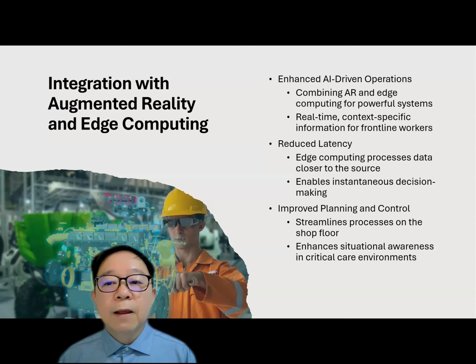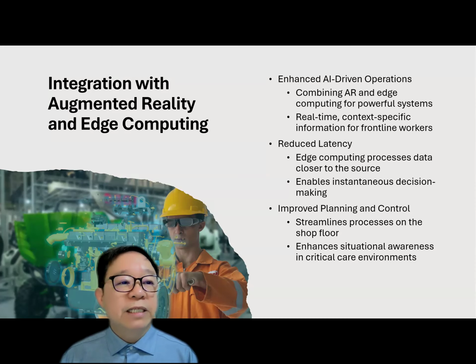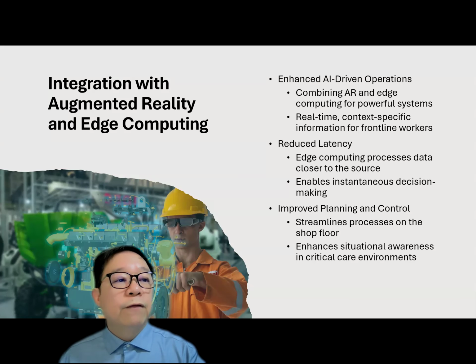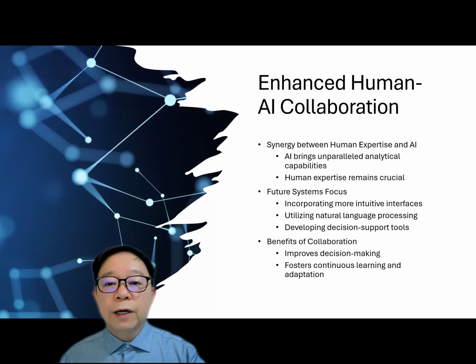Augmented reality. And also advanced computing, or the coming quantum computing, right? With this advanced hardware, equipment and technologies, we can do real-time, context-specific support for the frontline workers. The most important thing is to reduce the latency. We want a fast response, and at the end of the day it can help us improve the planning and control, right?